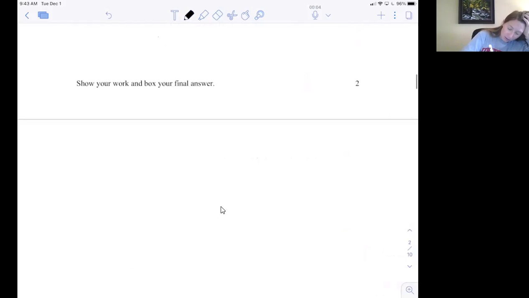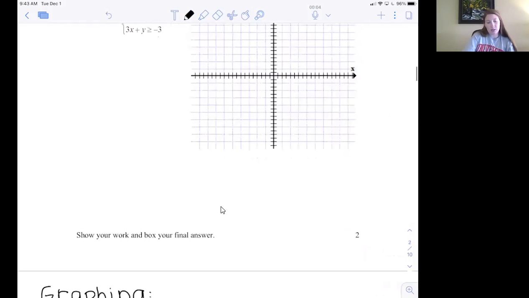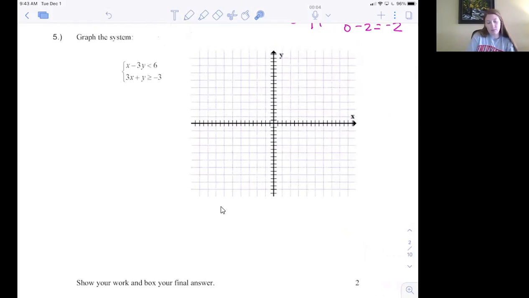So when graphing, remember you've got your calculator, so you can always plug these in to make sure it's okay. When you plug it in your calculator, there's no way to plug in the greater than or less than signs, so you could just plug in the equals, and that will get the point across. But when you plug it in your calculator, you need to always have it y equals something, so you'll have to solve for this.